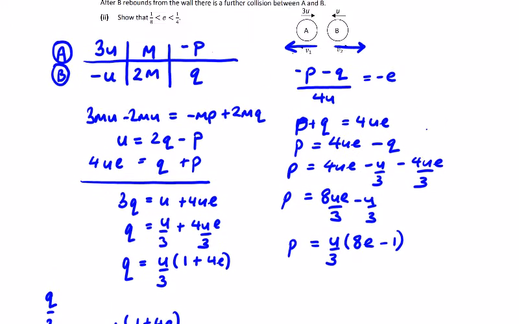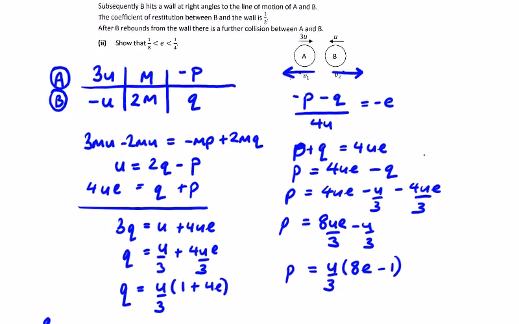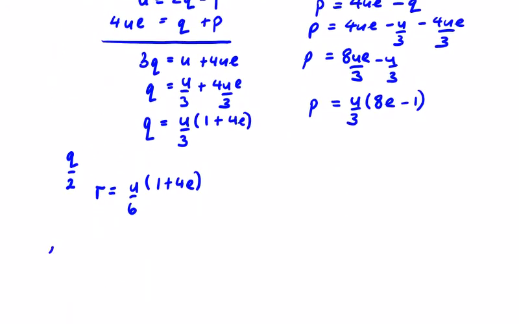That's B's new speed. We're told after B rebounds from the wall, there is a further collision between A and B. Show that e is between 1/8 and 1/4.